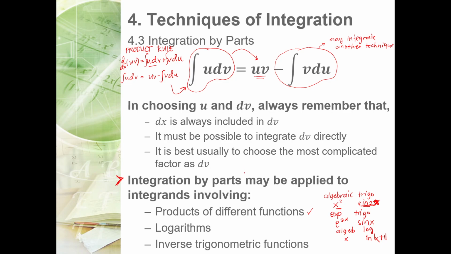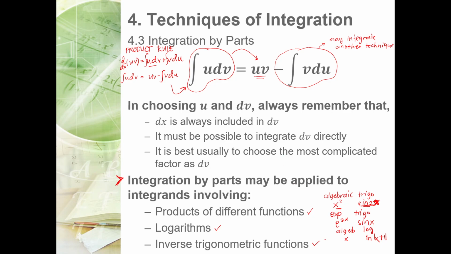Another one is logarithms. We can use integration by parts if you have to integrate logarithms, because again, if you recall our topics before, there's no integral formula for logarithms. So we may integrate logarithms now through the technique called integration by parts, as well as your inverse trigonometric functions.